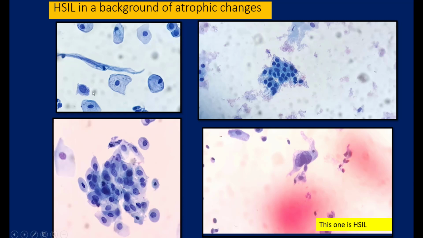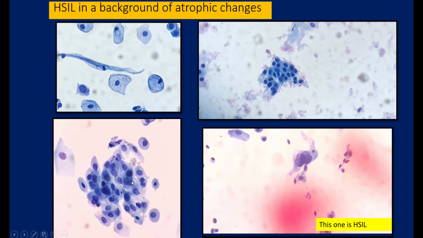You've got this cell with a high NC ratio, a very regular nuclear membrane. We can see this degree of change in an atrophic smear. I'll call it negative for intraepithelial lesion or malignancy, atrophic smear. If I see this in a case which is not atrophic, I might call this ASC-H, but not in this case.